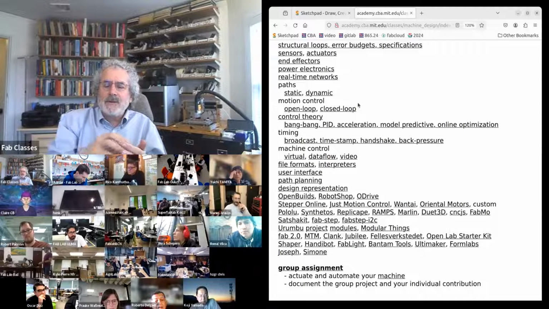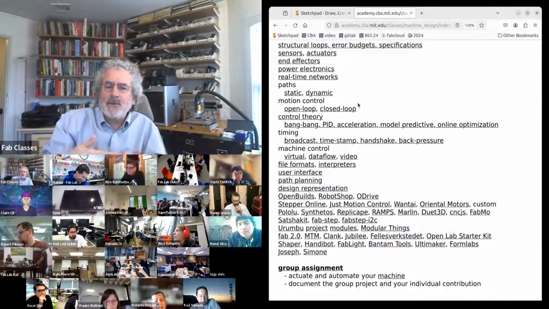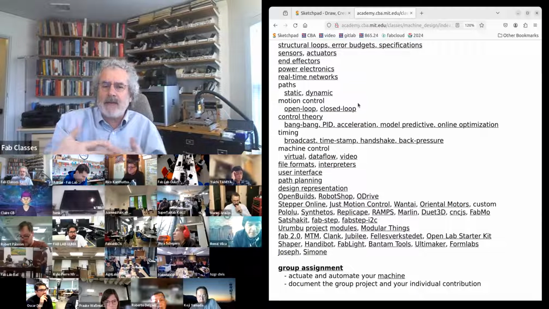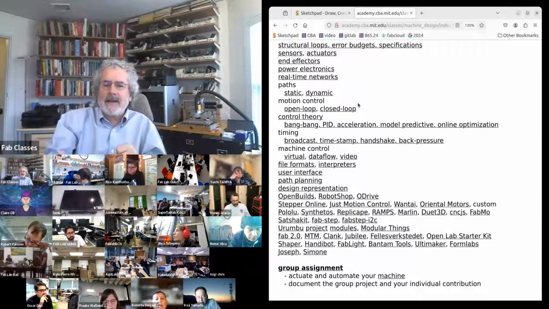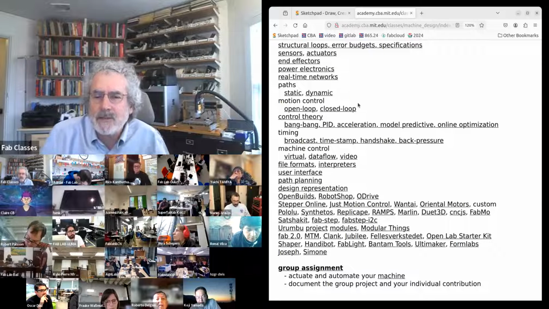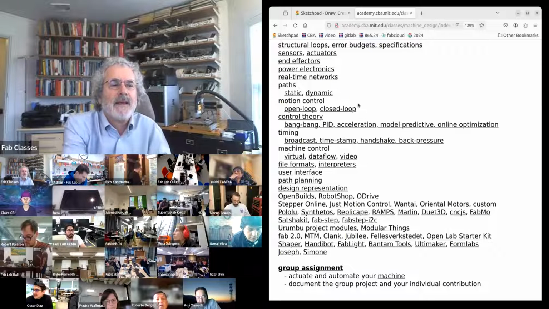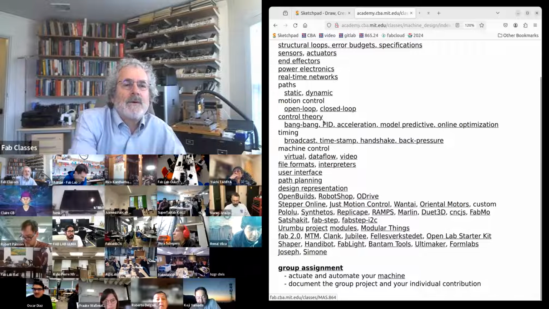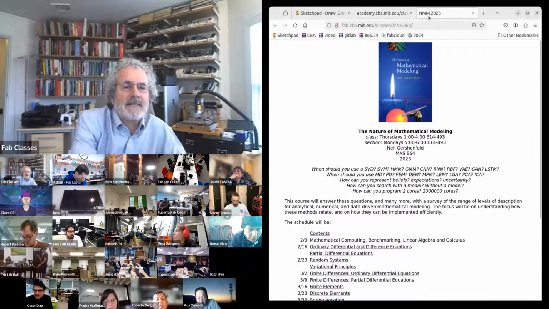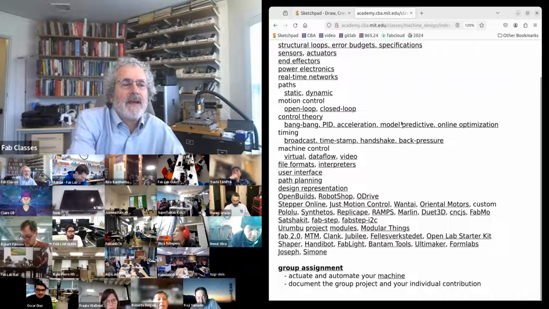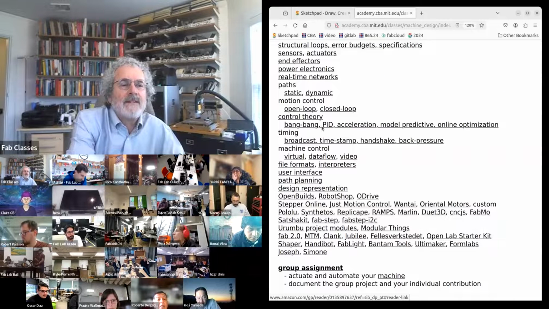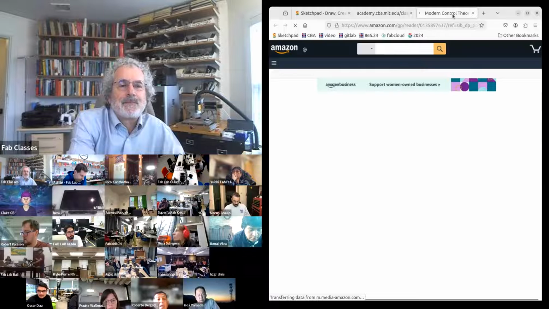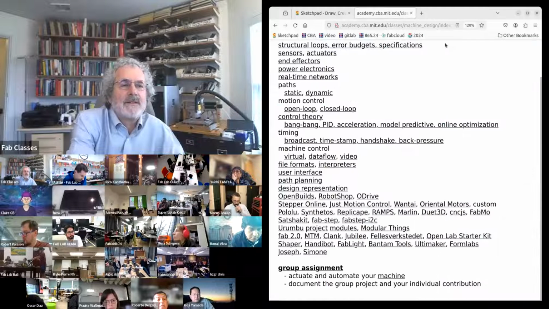And that lets you, if you drive the open loop too hard, you'll miss steps and not be where you thought you were. The closed loop does feedback, which is better, but it's more expensive to implement. And to implement that, now we need control theory. So in this class, I talk about control theory. Here's a whole sequence of, and then this is a link to one of the classic books.